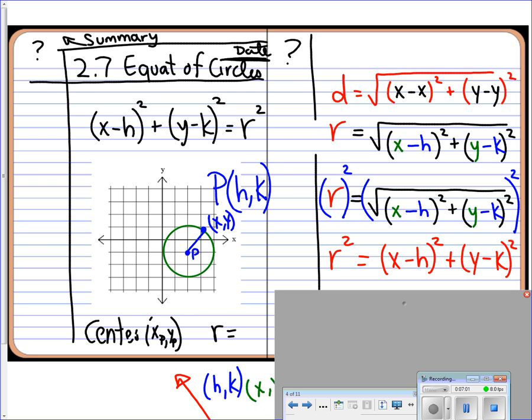So if you look at this, this is the standard equation for a circle. It comes from the distance formula, which comes from the Pythagorean theorem. I've got something squared plus something squared equals something else squared. In this case, it's r squared.